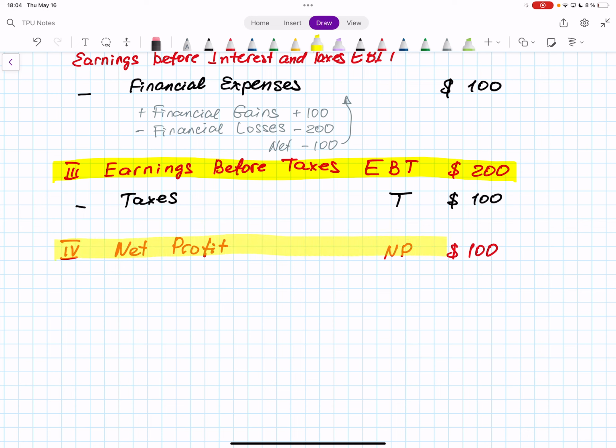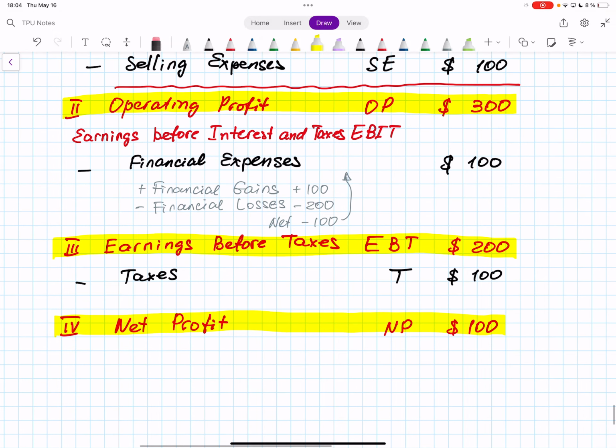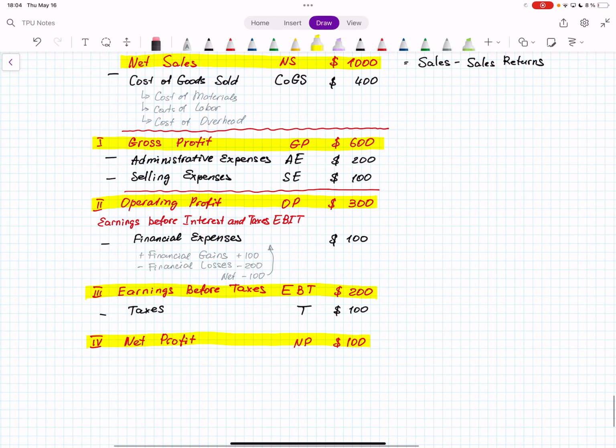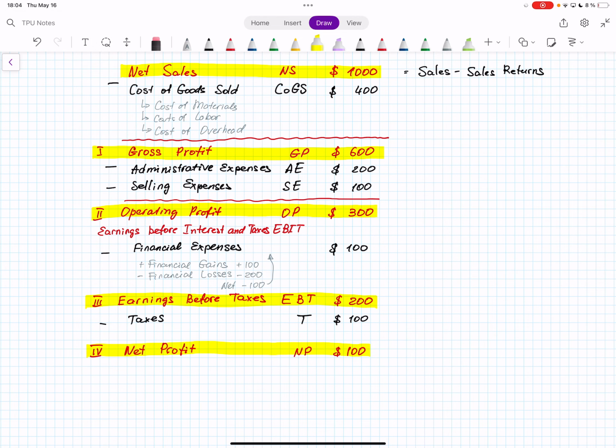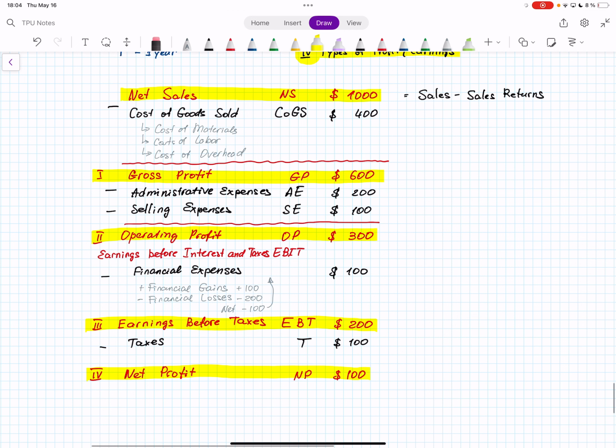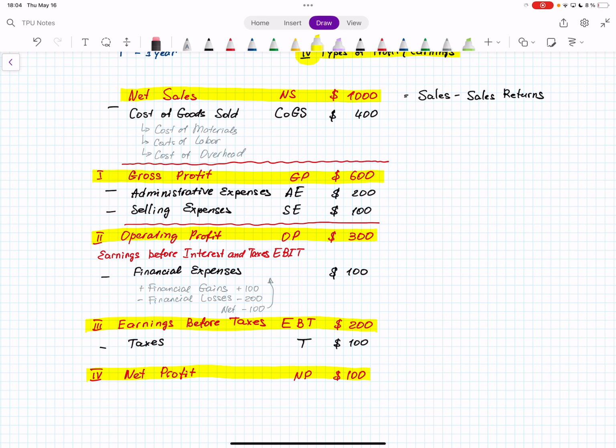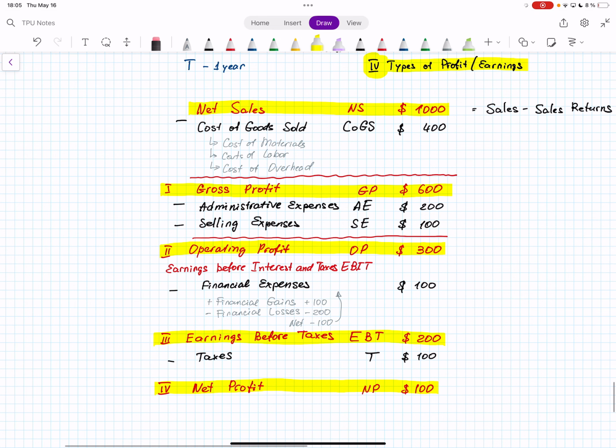You follow me? Now you follow me. So see, all together we put together the income statement where we have net sales, our main income, and then we start subtracting cost of goods sold, administrative expenses, selling expenses, financial expenses, taxes, and this is how we get first gross profit, then operating profit, then earnings before taxes, and then finally net profit.